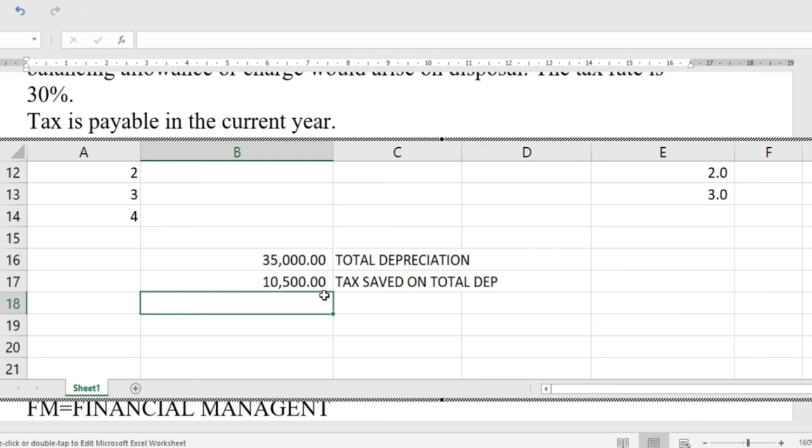This is the tax saved on total depreciation.